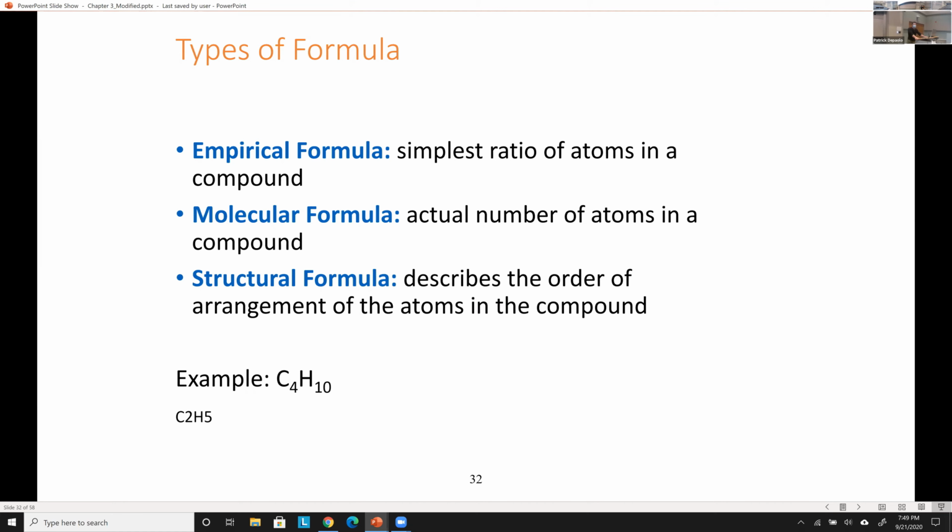It's C4H10. That can easily be reduced to C2H5. So that's just to show you that the molecular formula is not always the same as the empirical formula. And the empirical formula is not always the correct formula for a specific compound. And it's not all the time that the compound always exists in its empirical formula.